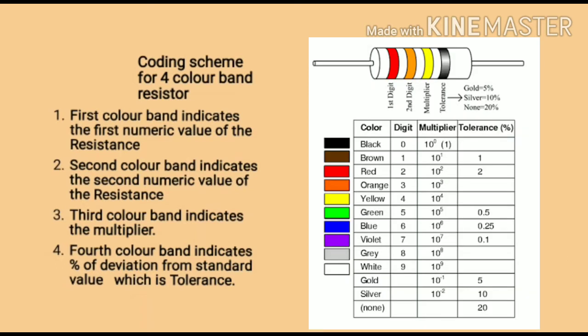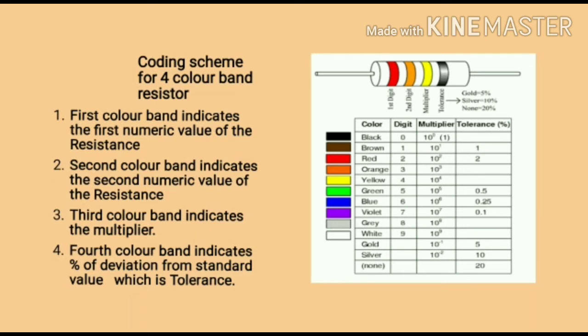They are: for black, digit is 0, for brown, digit is 1, for red, digit is 2, for orange, digit is 3, for yellow, digit is 4, for green, digit is 5, for blue, digit is 6, for violet, digit is 7, for grey, digit is 8, and for white, digit is 9.